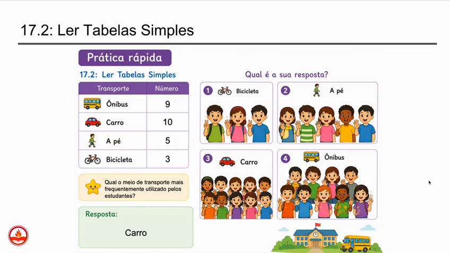And the question asks, which kind of transportation is used most often by the students? Let's compare the numbers 9, 10, 5, and 3. The largest number is 10. 10 students travel by car, so the answer is car.